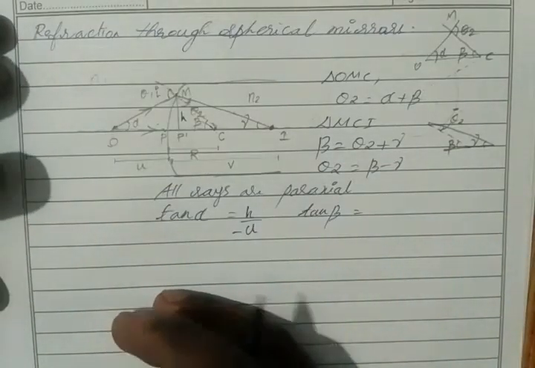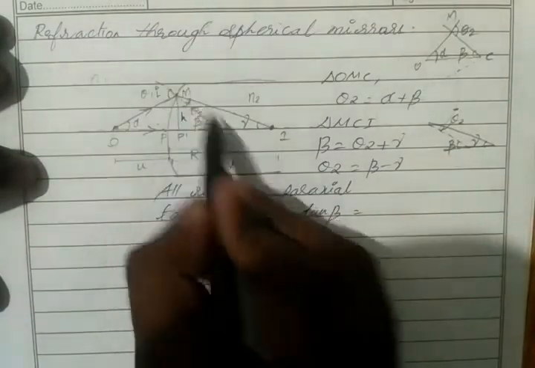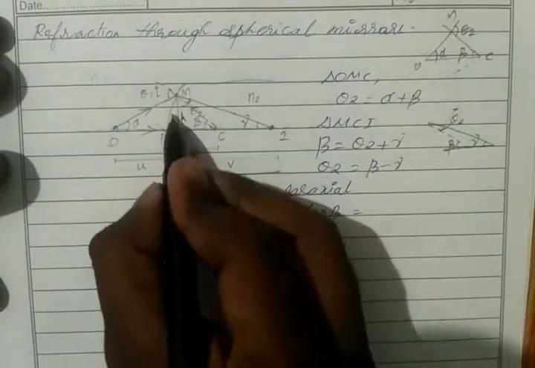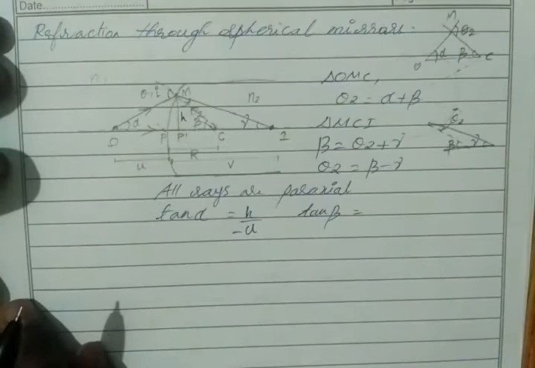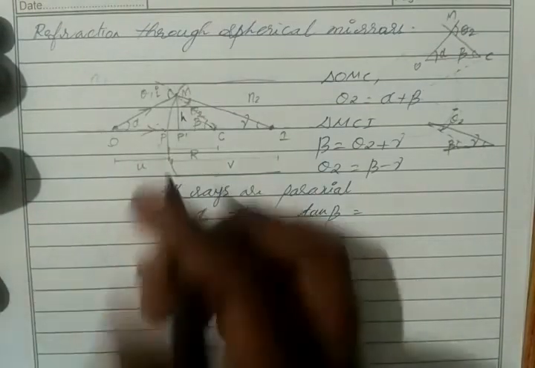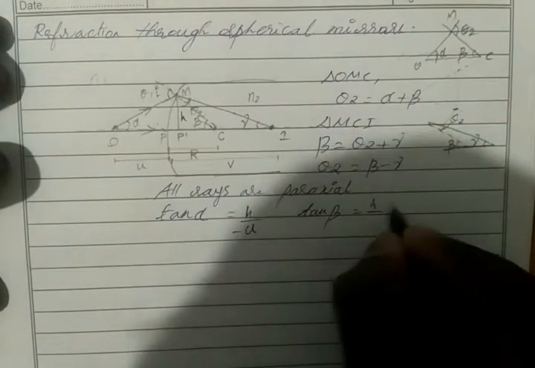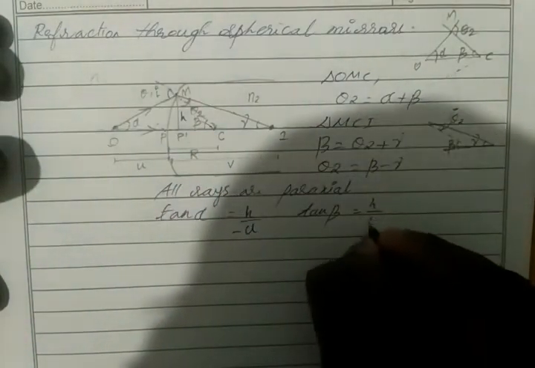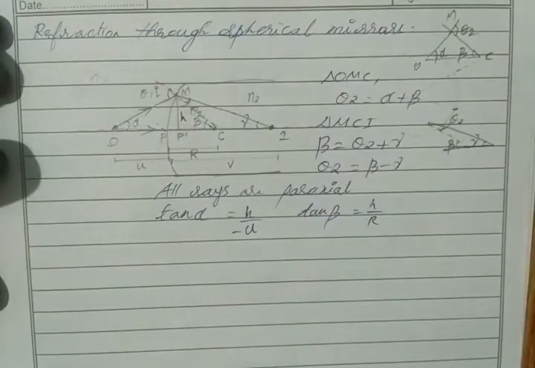Then tan beta for this triangle MCP dash. Opposite by adjacent. Opposite is h, adjacent P dash C, that is R, the radius of curvature. So for adjacent I take R, and we have to apply the sign convention.